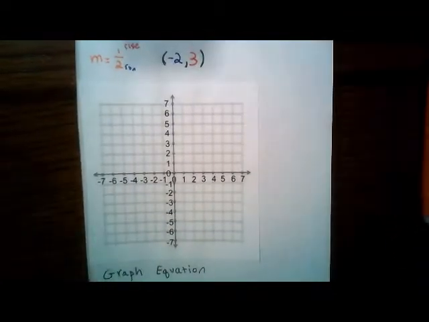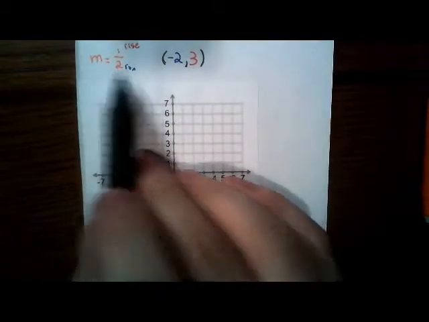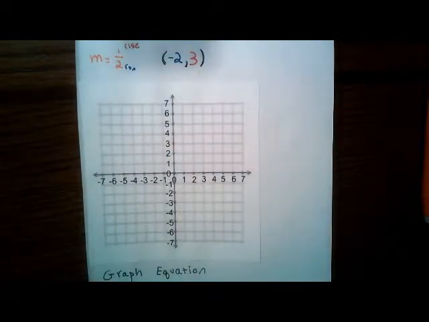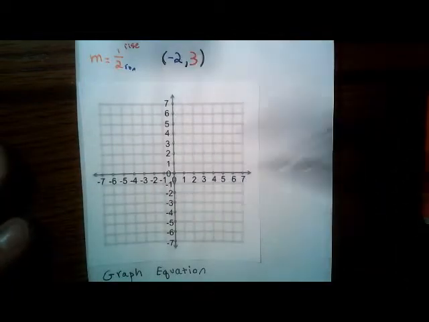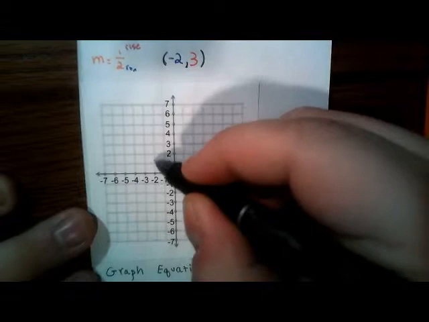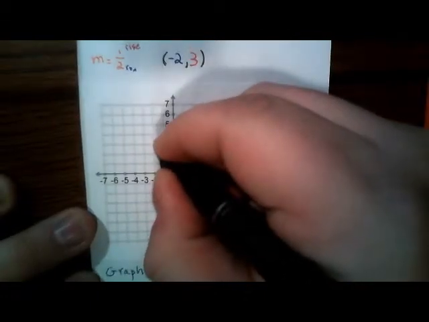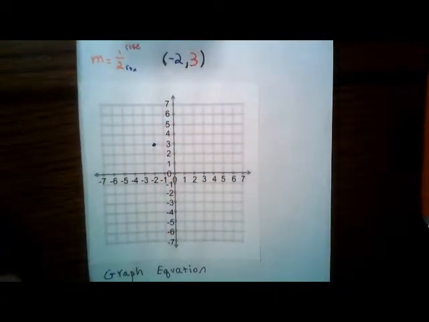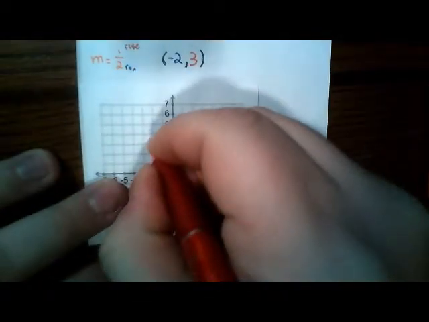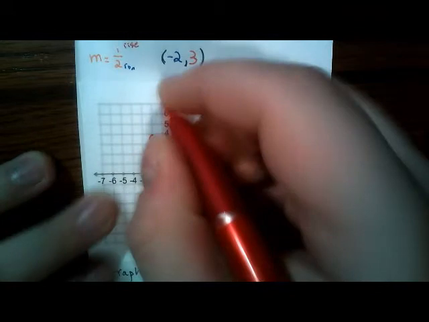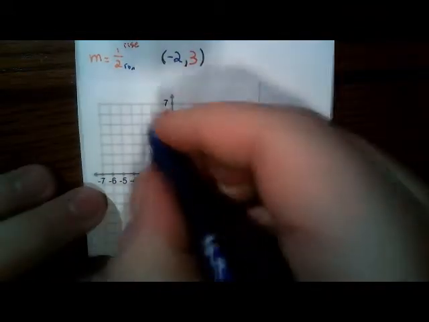And to make the graph that correlates with having a slope of 1/2 and a point at negative 2, 3, we're going to find negative 2, 3 on our coordinate plane. Negative 2, positive 3, that's right here. And my slope has a rise of 1 and a run of 2.